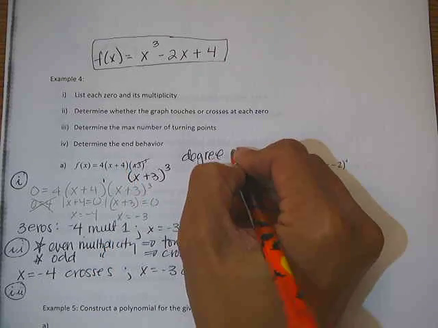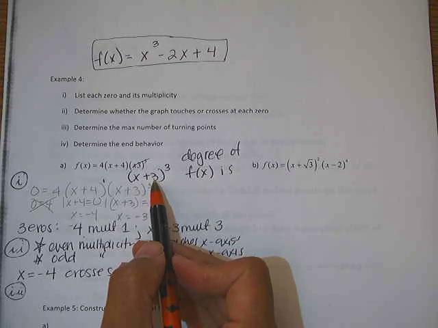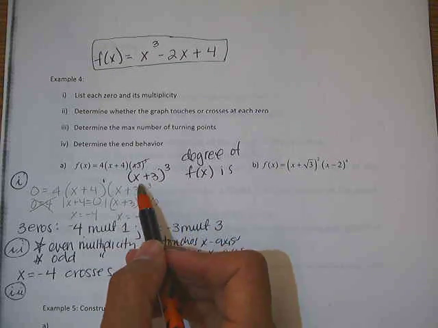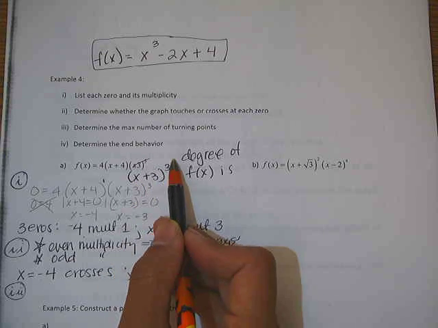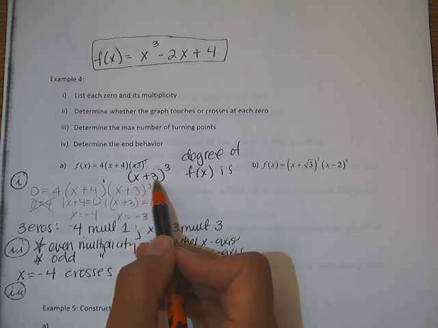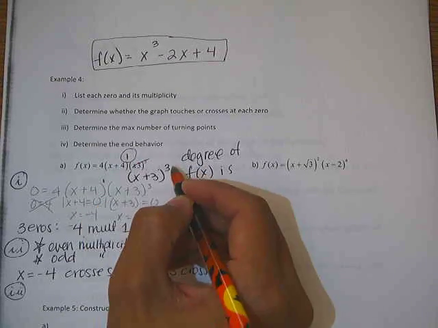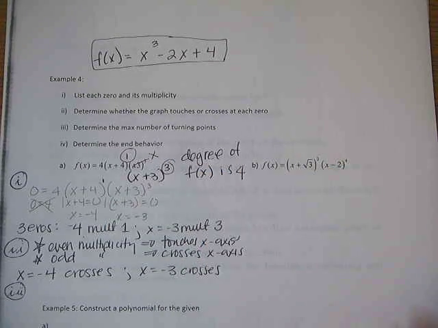So degree of f of x is, if I were to multiply this all out, okay, if I were to FOIL this all out, the term with the highest degree would have to be degree of 4. Because when you're multiplying numbers, you add the power. This is a power of 1, this is a power of 3. When I add them, I have a degree of 4. Okay?